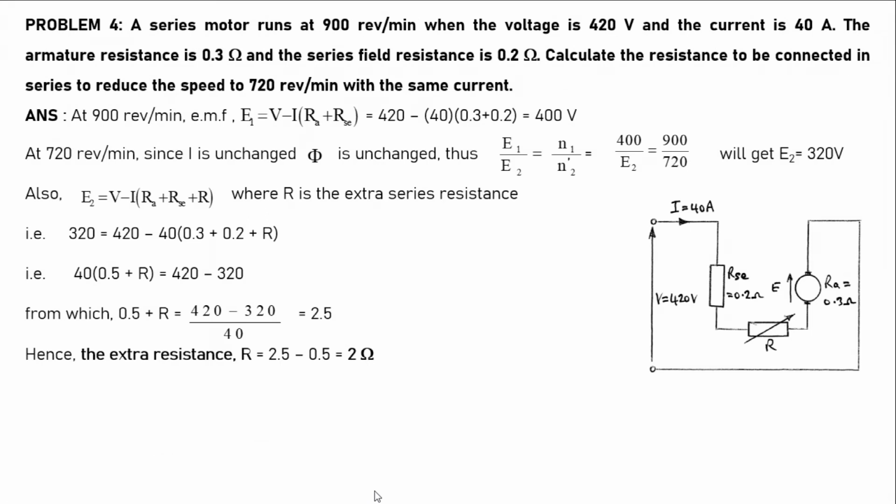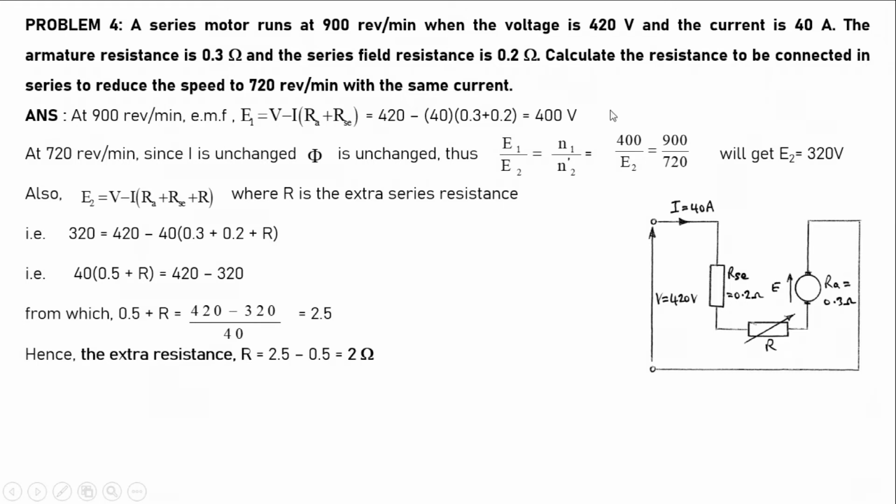Problem number 4. A series motor, we have to understand this is a series motor, runs at 900 RPM when the voltage is 420 volts. Current is 40 amps. Only one current here: IL, ISC, Ia. The armature resistance has been given as 0.3 ohms and the series field resistance 0.2 ohms.